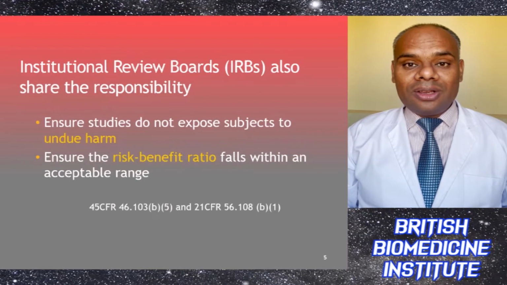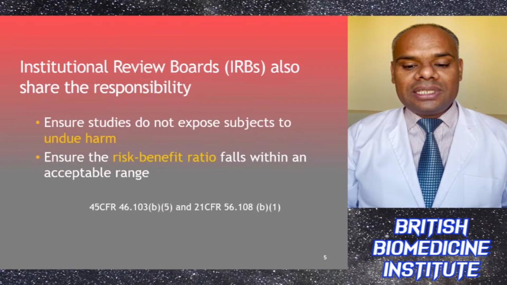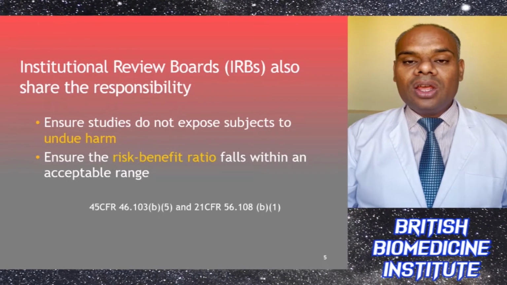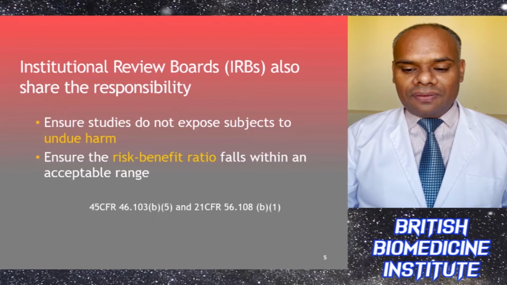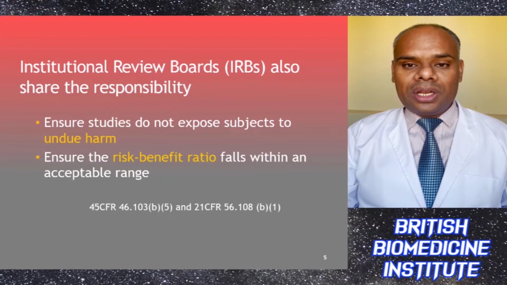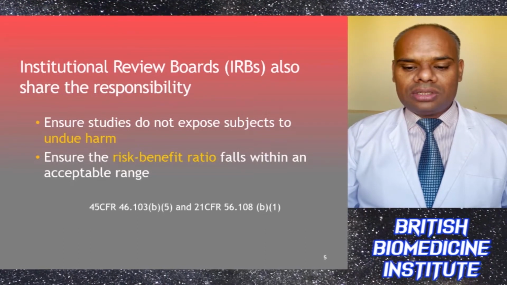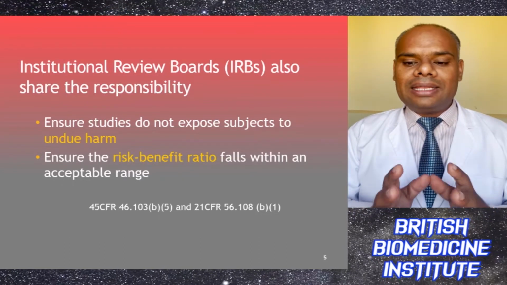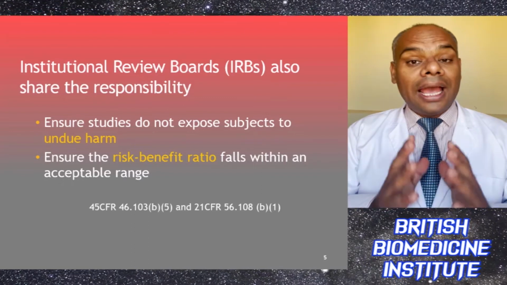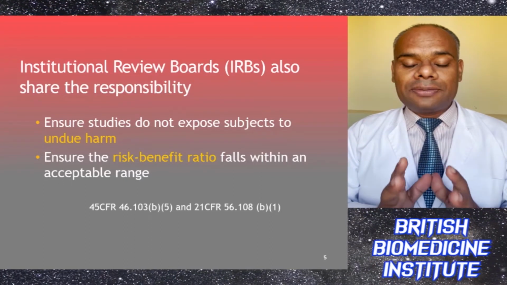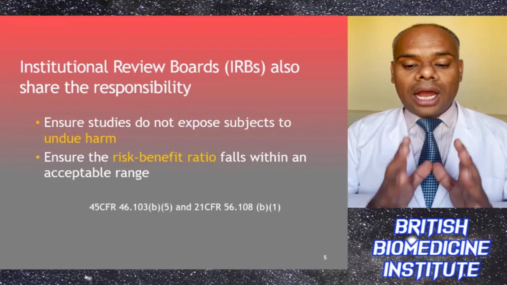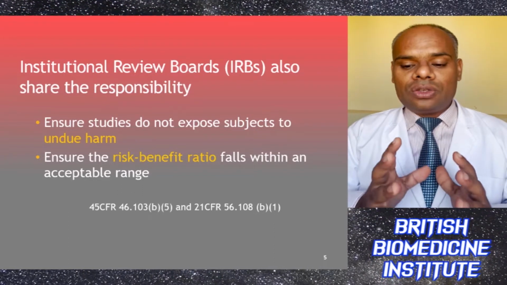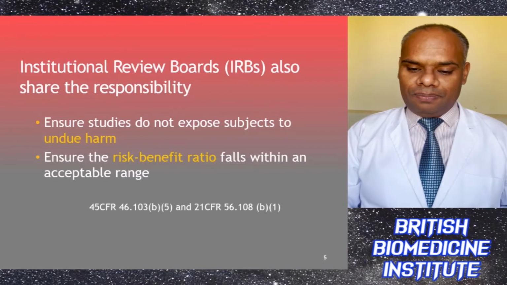In accordance with 45 CFR 46.103(b) and 21 CFR 56.108, the role and responsibility of the IRB, Institutional Ethics Committee, is to ensure the study does not expose subjects to undue harm, and that the risk-benefit ratio falls within the acceptable range.